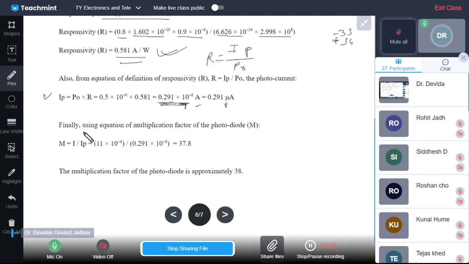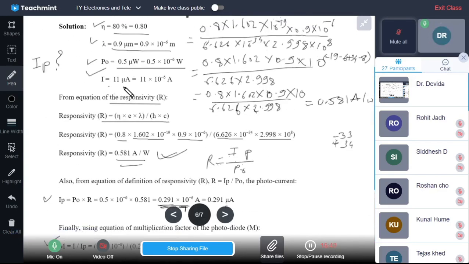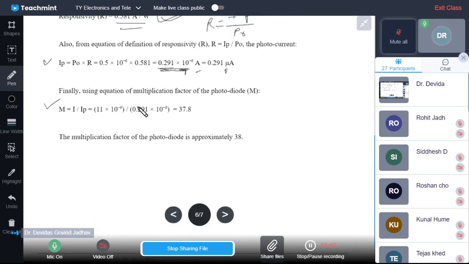So finally, using the multiplication factor of photodiode M equation, M is I upon IP. IP is calculated, 0.291 10 raised to minus 6. I is given, 11 microampere, that is 11 into 10 raised to minus 6 ampere. So 11 into 10 raised to minus 6 divided by 0.291 into 10 raised to minus 6.